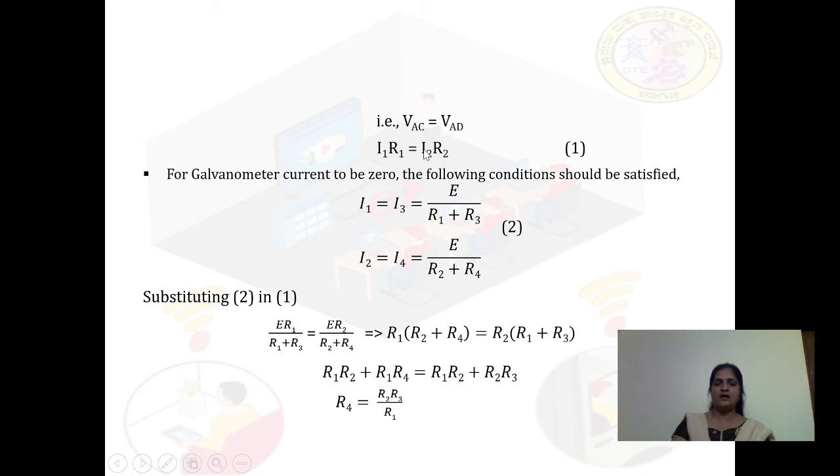This is the bridge balance equation, and by balancing the bridge we can obtain the unknown resistance, R4 equal to R2 into R3 divided by R1, where R2 and R1 are the ratio arms, R3 is the known standard value, and R4 is the unknown resistance.